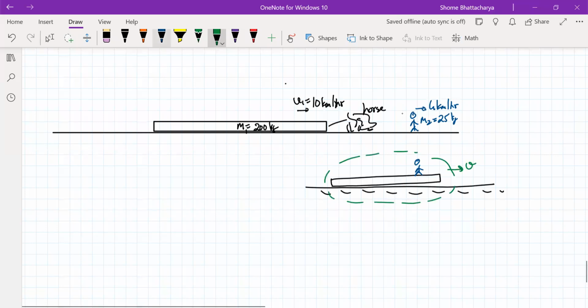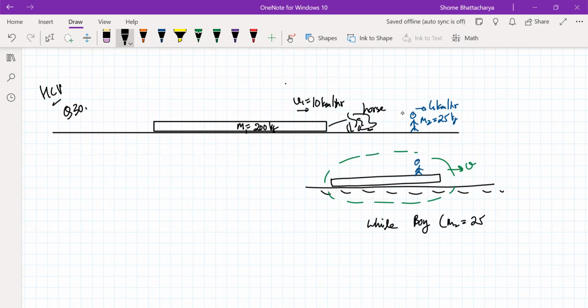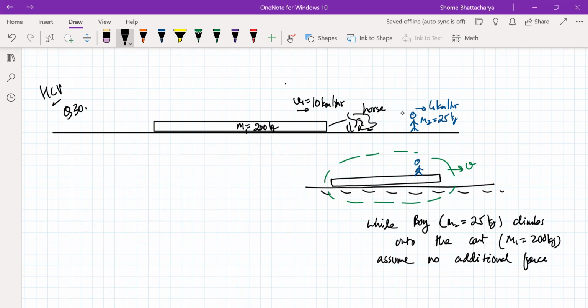Now, while the boy of mass m2 equal to 25 kg climbs onto the cart, which is of mass 200 kg, assume no additional force is applied by the horse on it.